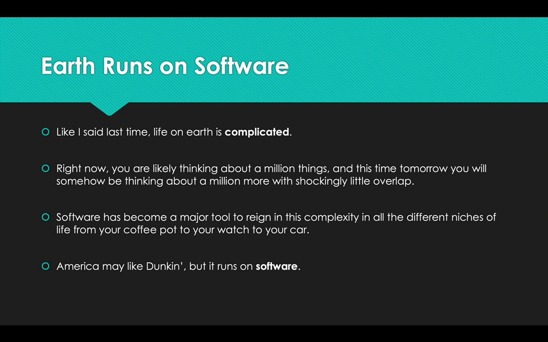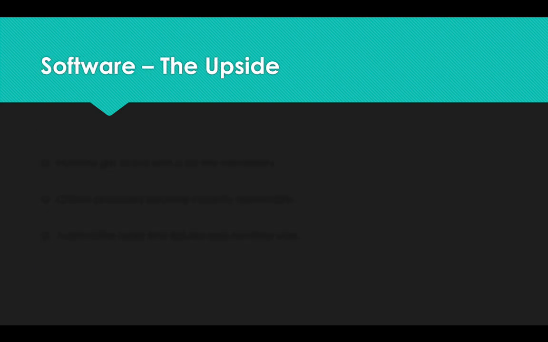The catchphrase might be that America runs on Dunkin', but it actually really runs on software. Without software, we wouldn't necessarily have a lot of the consumer electronics or a lot of the consumer patterns that we have as a society at large.